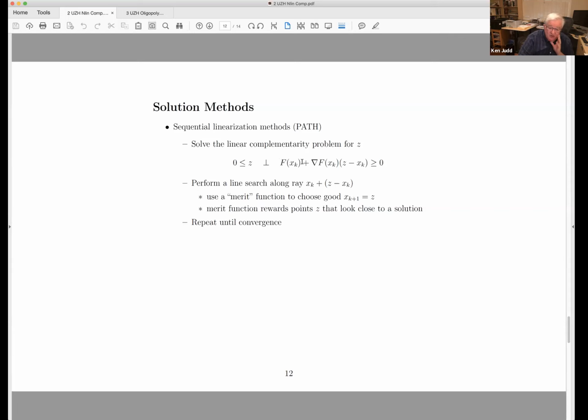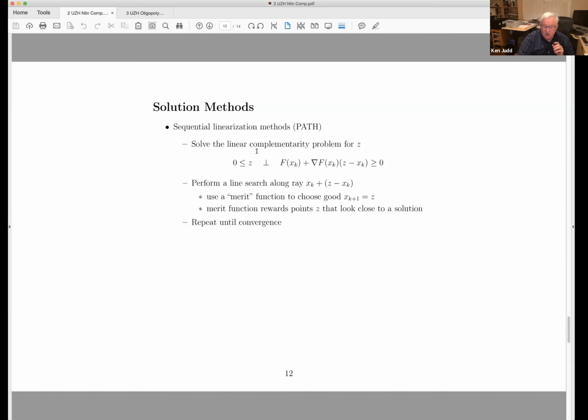Suppose your current guess is XK. Then what you do is you replace the nonlinear f of x function with a linear approximation around XK, your most recent guess. And now you have a linear problem where Z is the unknown variable.